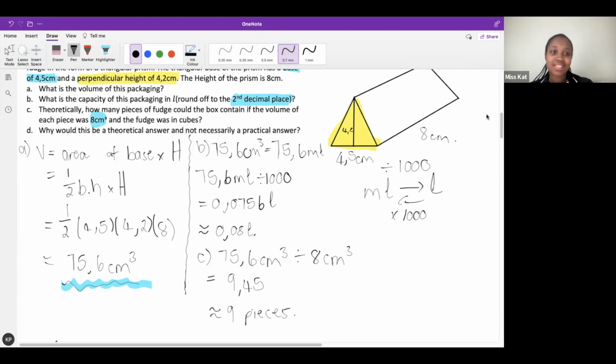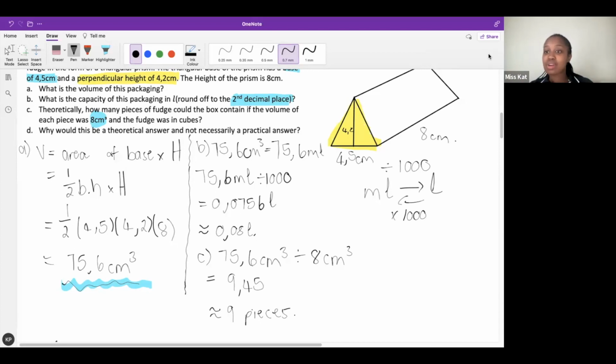Why do I say that? Let's say my box can fit 9.70 pieces of fudge, right? Now, if I round it up to 10, will the 10th one fit? No. Do you see what I mean? So in such cases, you will always round down, no matter what the decimal place is. Okay, ma'am.